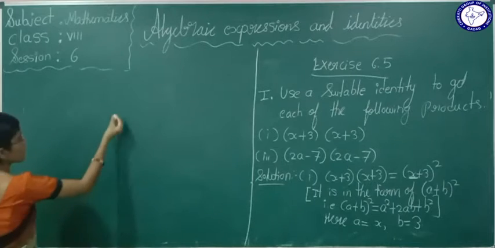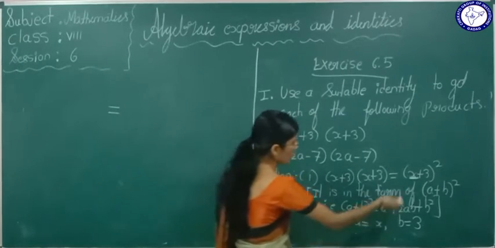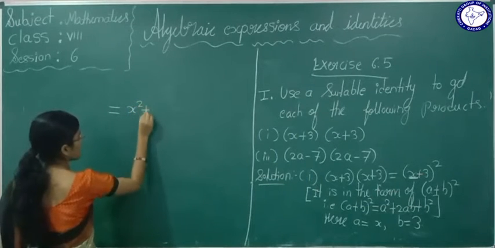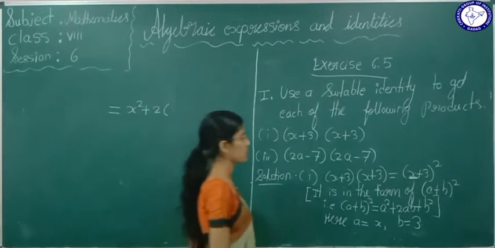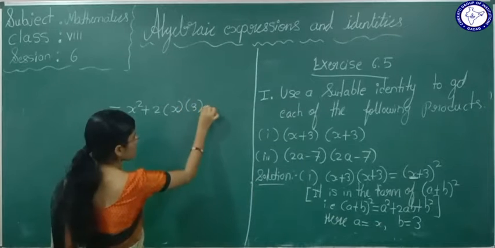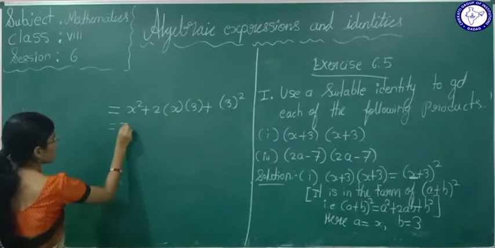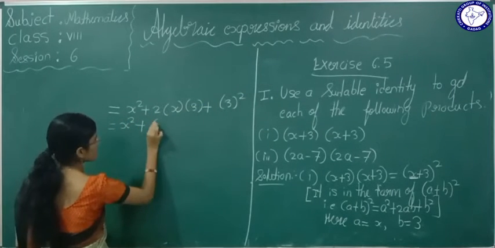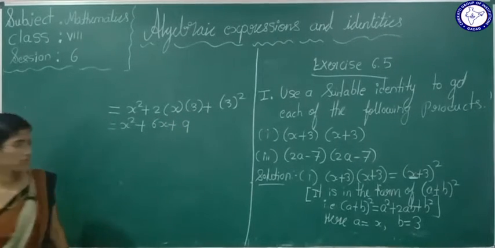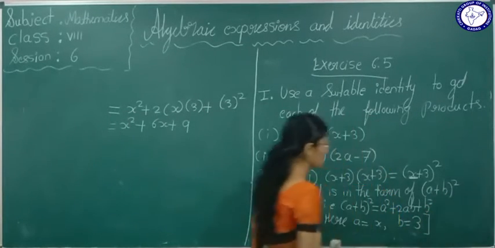That is equal to a square, meaning x square, plus 2, a means x, b means 3, plus b square, which is 3 the whole square. This is equal to x square plus 6x plus 9. So this is about the first problem.